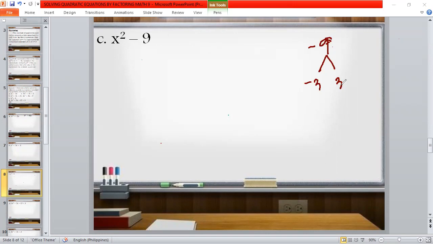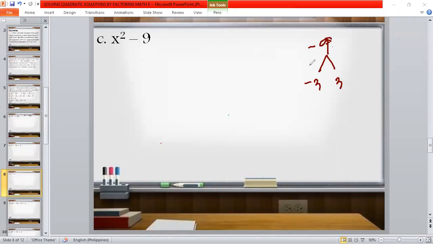Kasi kapag pinag-add po natin si -9 plus 1, the answer is -8. Eh wala naman po tayong middle term. Okay? So kapag pinag-add naman natin si -3 plus 3, the answer is 0. So ibig sabihin na masasatisfy po niya ang ating expression.